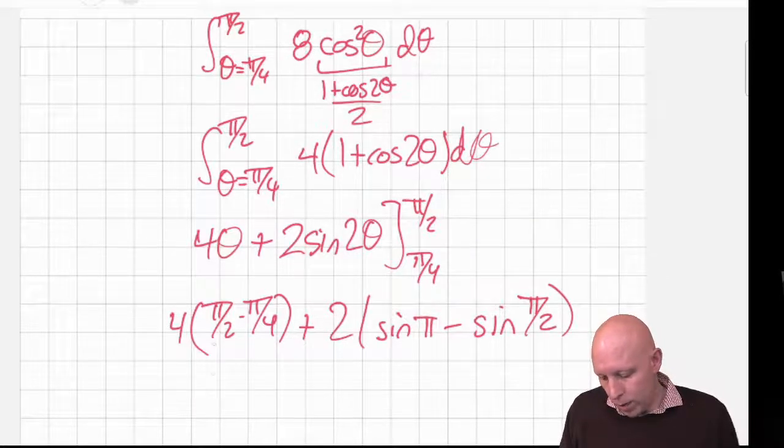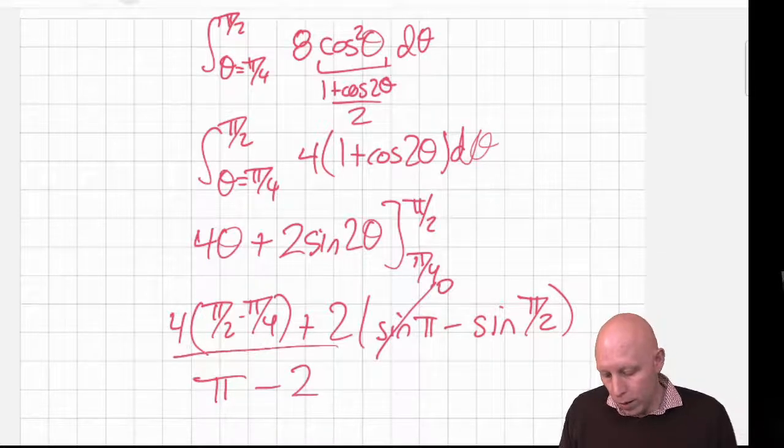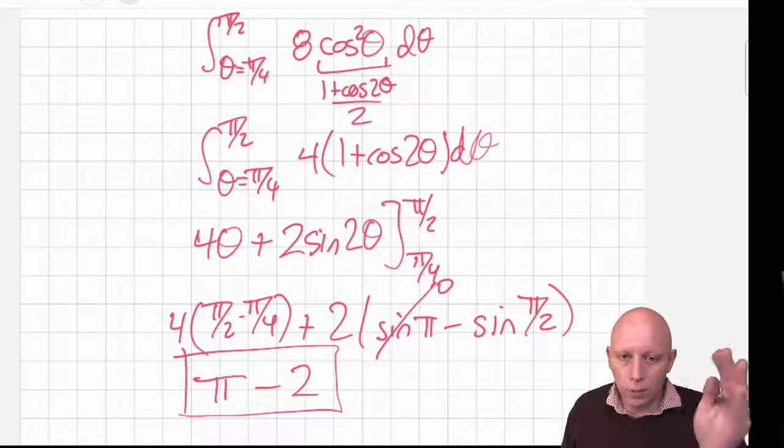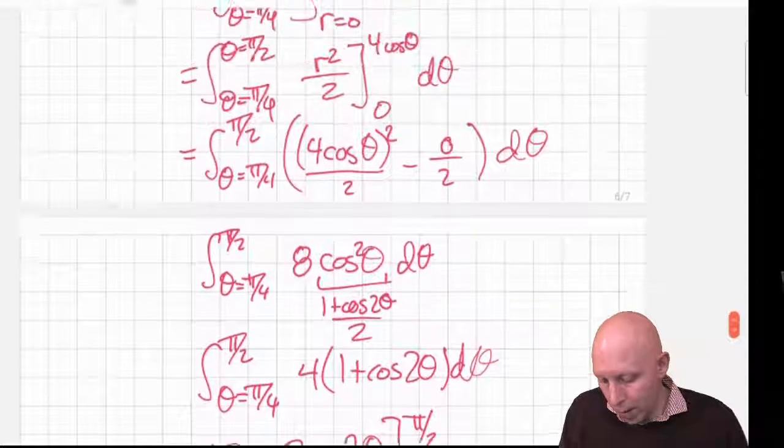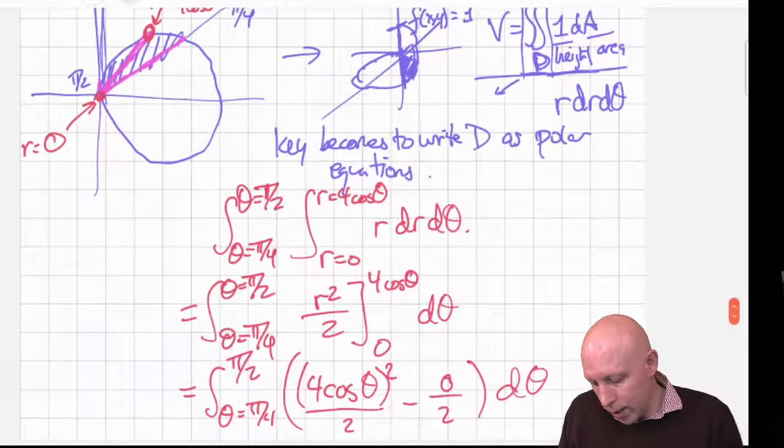And so we get pi minus 2. The area here is pi minus 2.